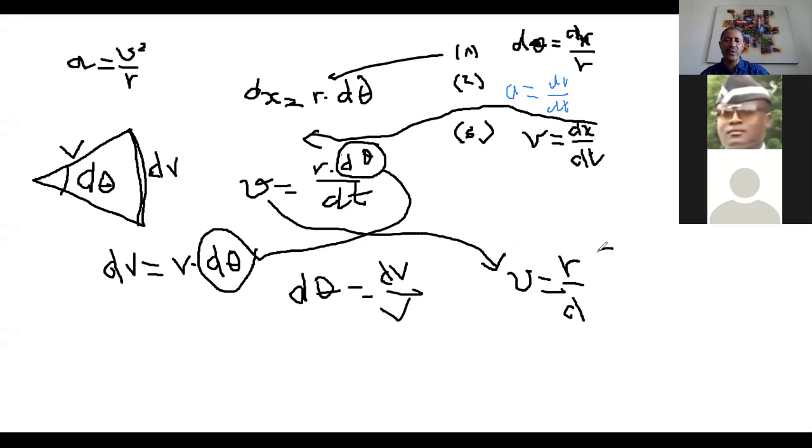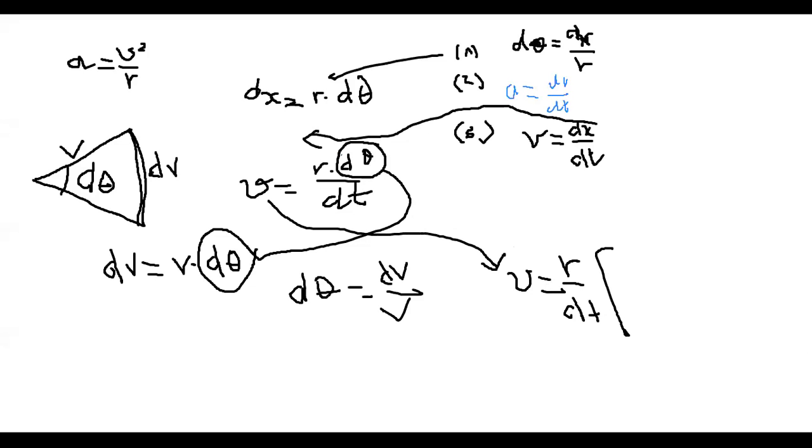Let's take it out. We multiply by our d theta, dv divided by v. Correct? Because we have d theta here.